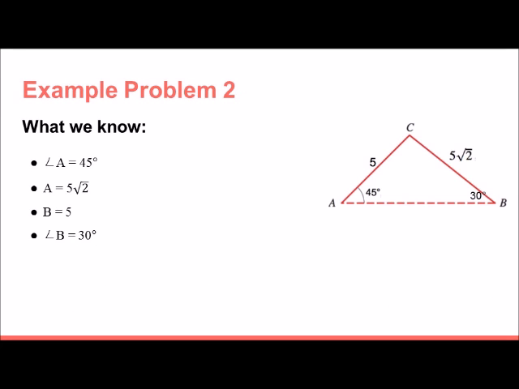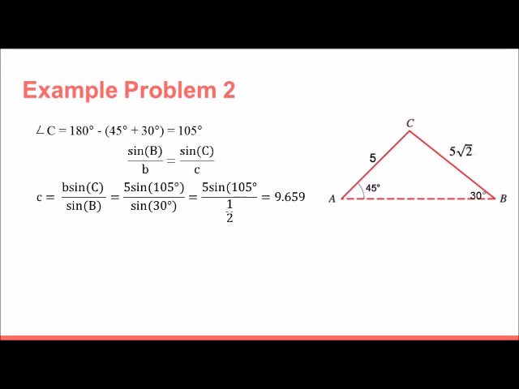Continuing with this problem, we have to look back at what we know. We know that angle A equals 45 degrees, side a is equal to 5 root 2, and side b equals 5, and we just determined that angle B equals 30 degrees. After quickly solving for angle C with a little bit of arithmetic, we can determine that angle C equals 105 degrees, and then we can again use our law of sines to solve for side c.